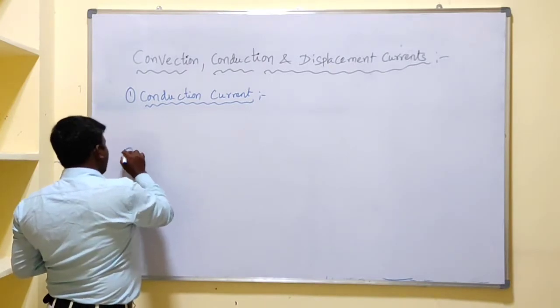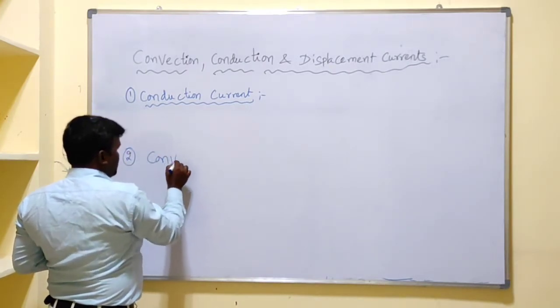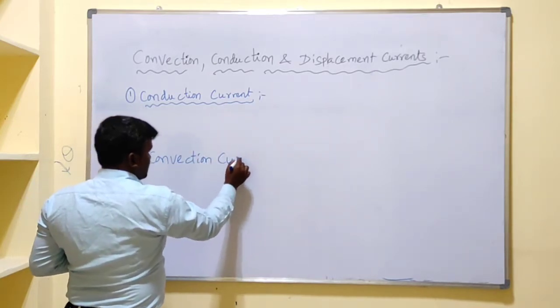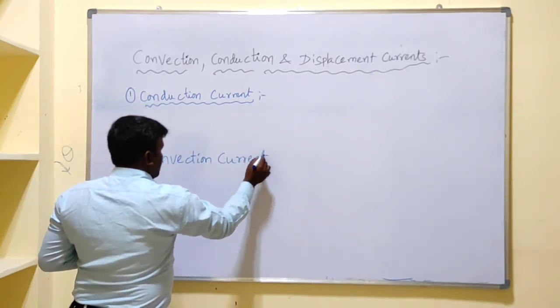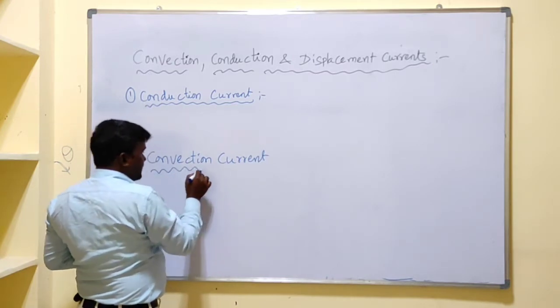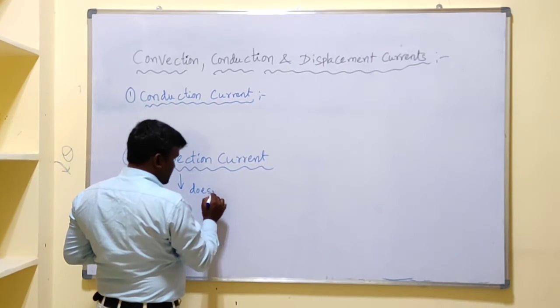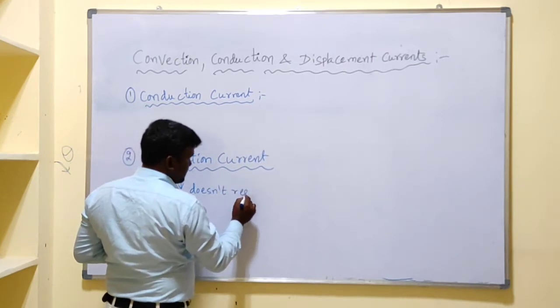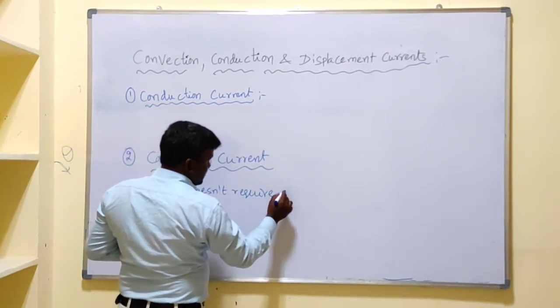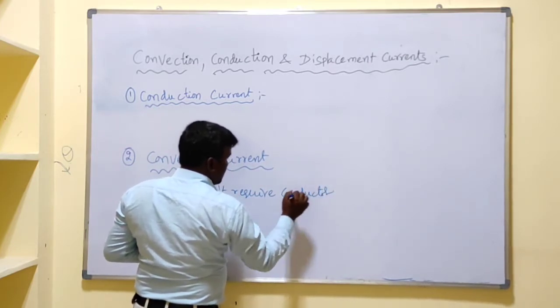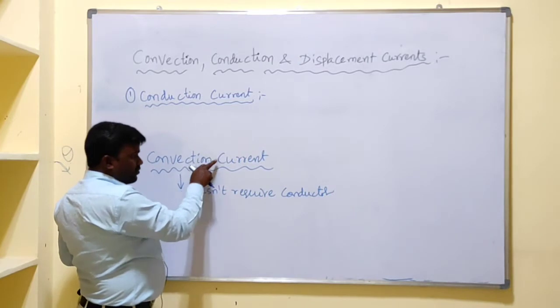Next, coming to the convection current. Convection current doesn't require a conductor. Means what? It is the current not flowing through a conductor.